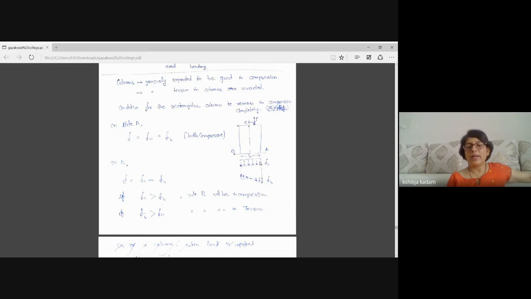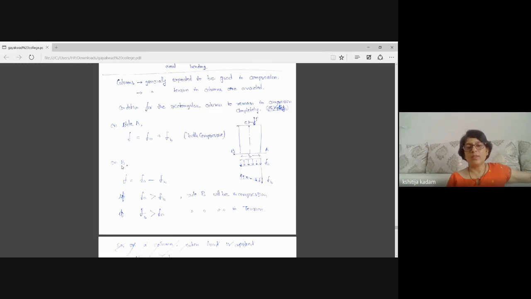So if I combine these two types of stresses on section A, the total stress will be equal to FA, that means stress because of axial force, plus stress because of bending. I am adding them because both are in compression.